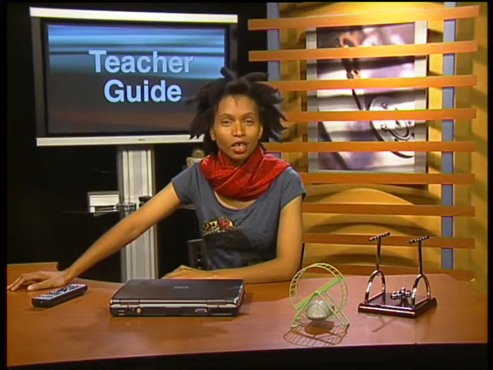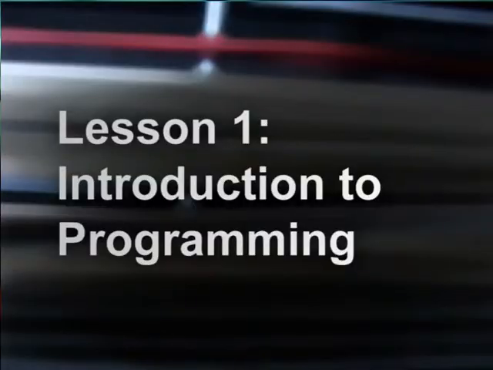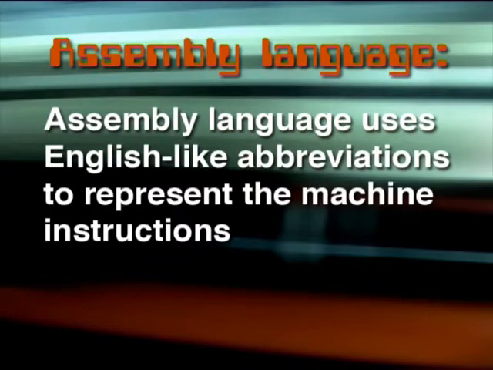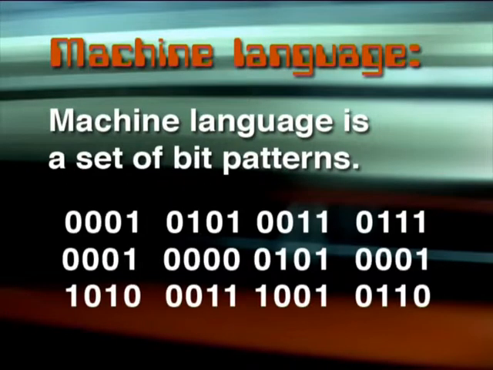In this series, we introduce learners to the idea of solving problems by writing programs. There are 10 lessons in this series. In Lesson 1, we examine the differences between a high-level programming language, an assembly programming language, and machine language.